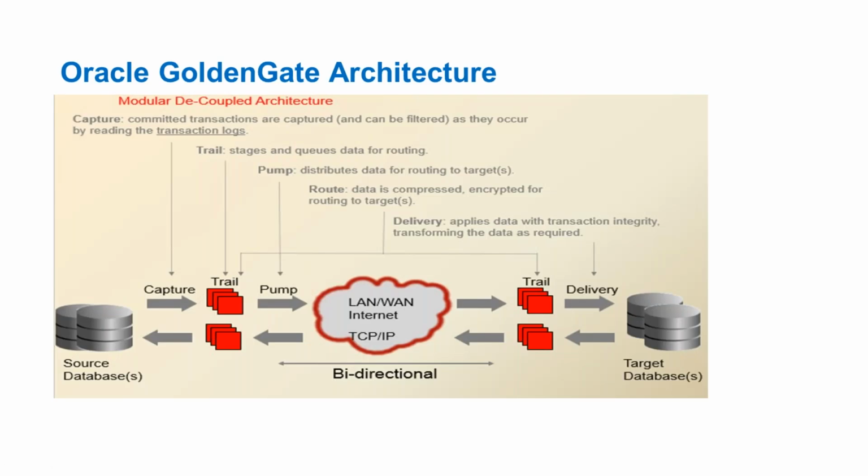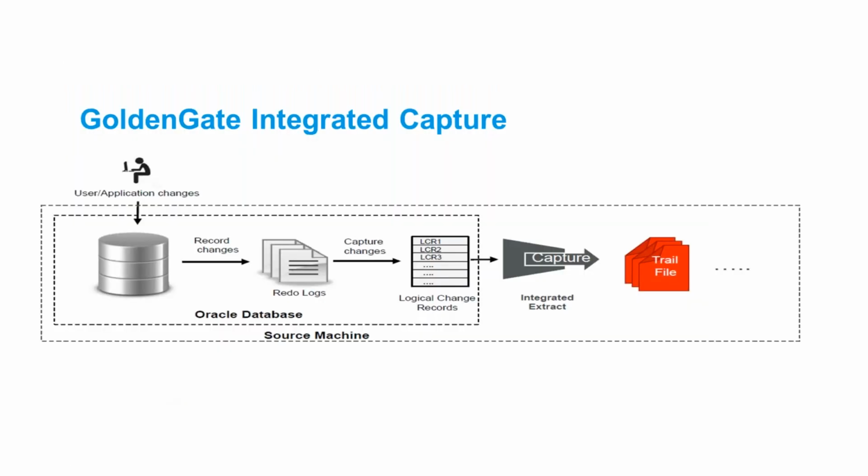So in classic extract, the extract process was reading the source database transaction logs directly. However, in integrated capture, it does not read the transaction logs directly. It receives the changes from the log miner.